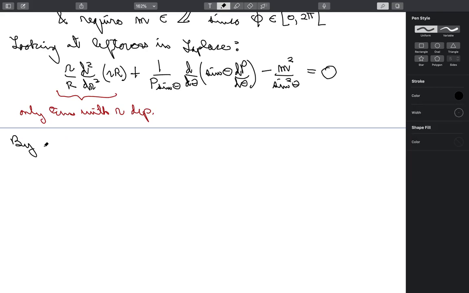By invoking separation of variables, I'm going to put this thing equal to a certain constant that I could name whatever I wanted.